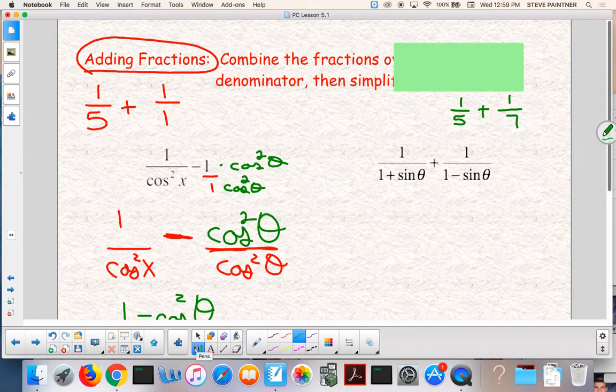Before you start, look up. If you had 1/5 plus 1/7, what's the common denominator? 35. So what'd you do to the 5 and the 7? Multiply them. Get your common denominator first.